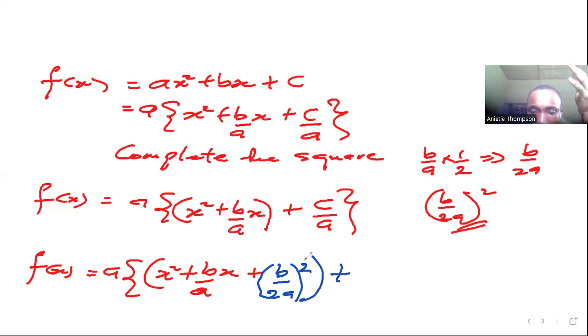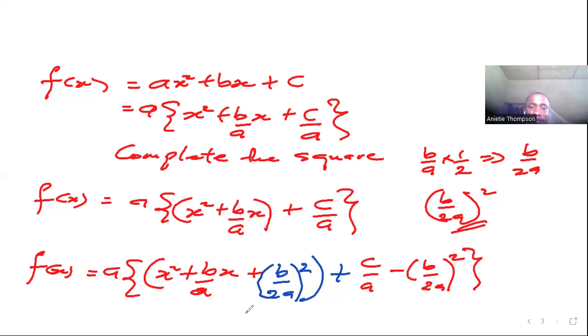Then plus, we already had c over a. Then I'm going to subtract this term, because initially we didn't have it in the expression, so that it will look as if nothing has really happened. So we have minus bracket b all over 2a all squared. Now we close the parenthesis.